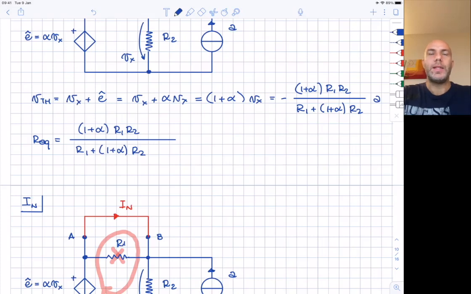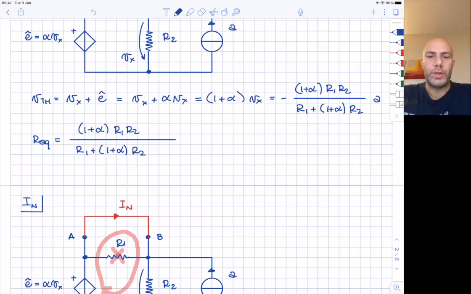So, by the analysis of this circuit, we have to remember these two conclusions that hold for every circuit with dependent sources. The first consideration is that we can calculate the Thevenin's or Norton's equivalent only if the controlling variable lies inside the circuit that we are considering.